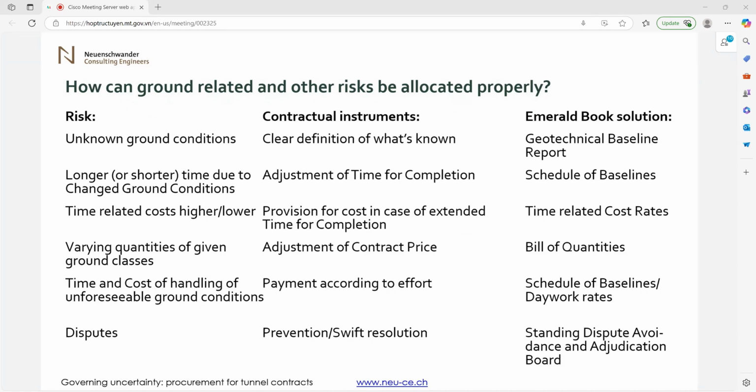We may have longer or shorter time due to changed ground conditions, not due to changed performance of the contractor. The changed performance of the contractor will always remain a contractor's risk, but longer or shorter time due to changed ground conditions, worse ground or better ground, requires an adjustment.